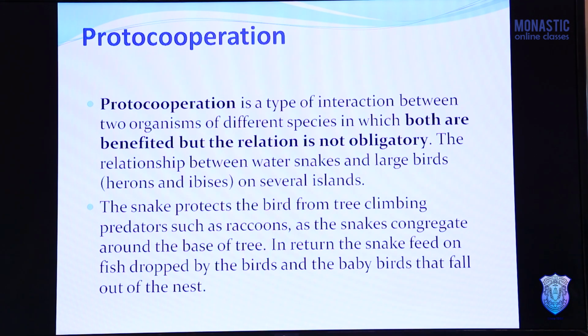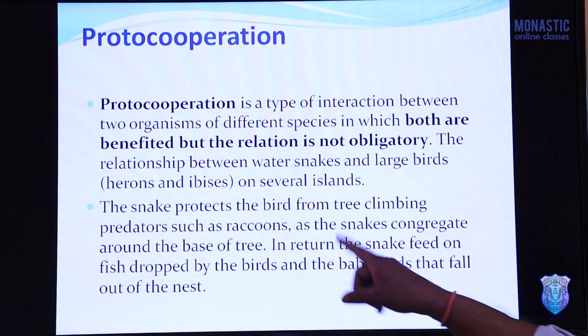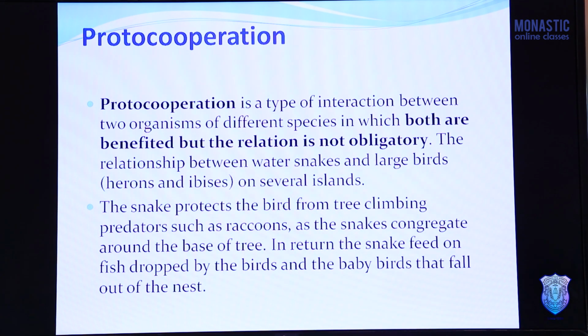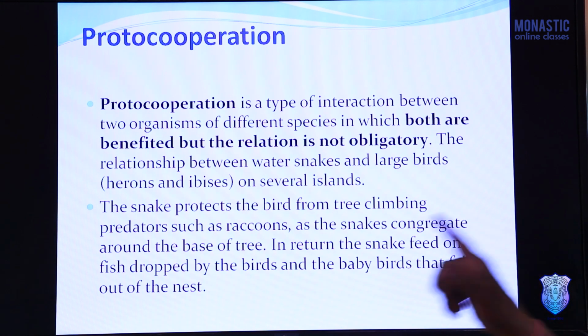Examples are here. The relation between water snakes and large birds, herons, on several islands. This also belongs to the sea coast, the seashore. Because the snake protects the birds from raccoons.